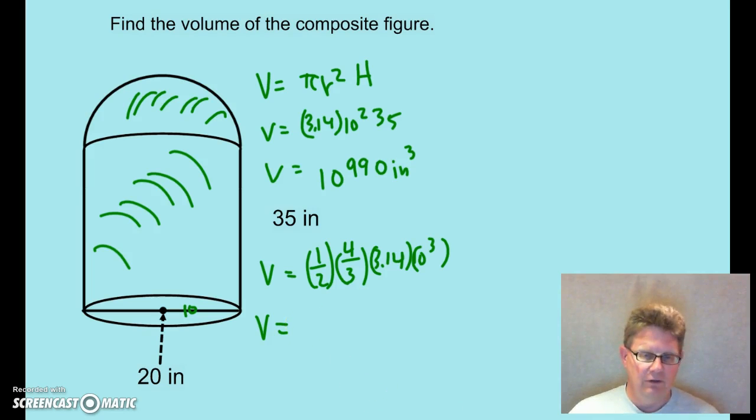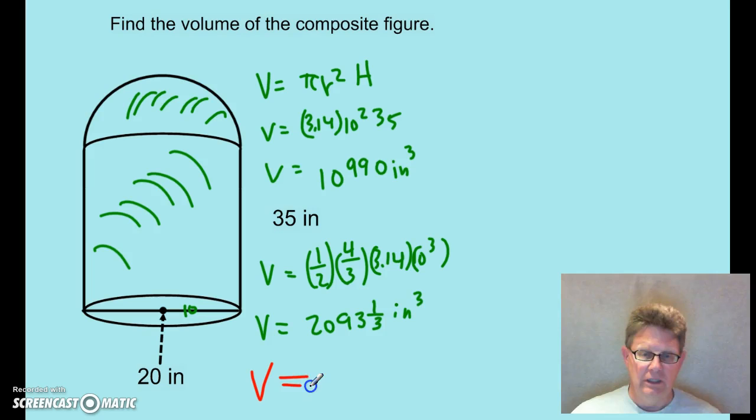Sorry, my calculator just fell down. Volume of the sphere, 2093 and 0.3 repeating, 1/3 inches cubed. And then we have to add the two volumes together.